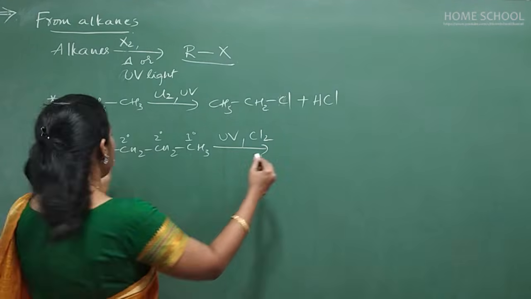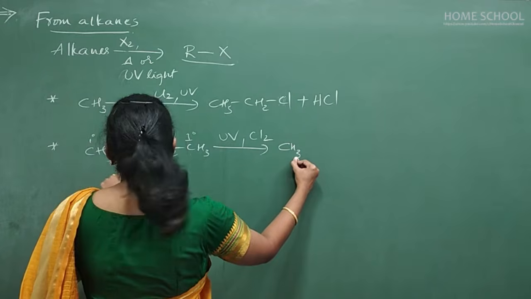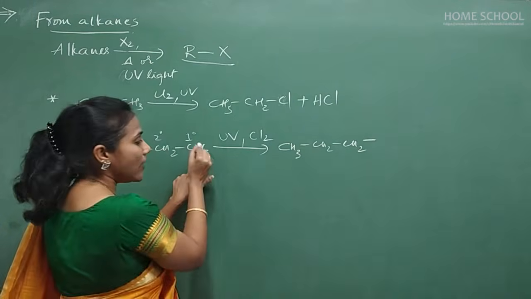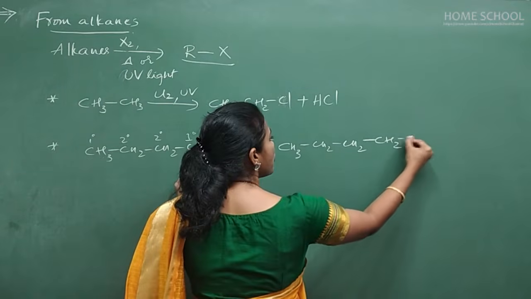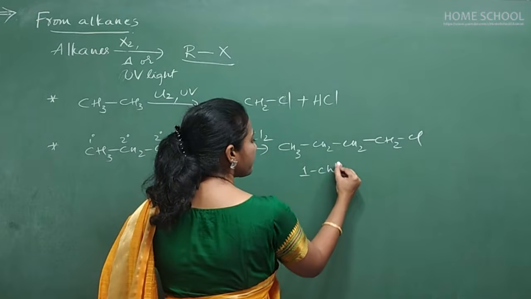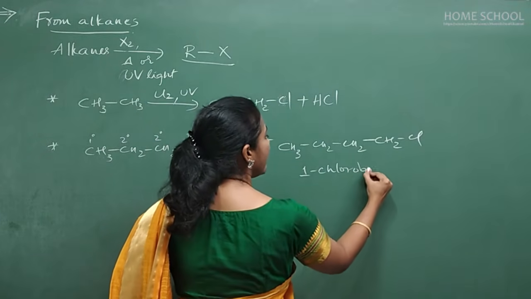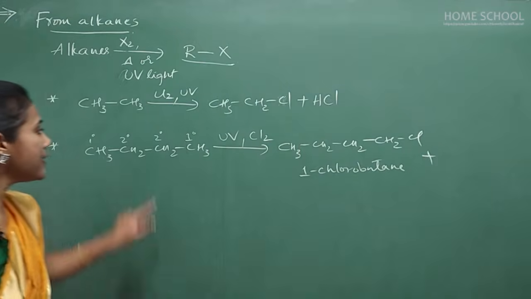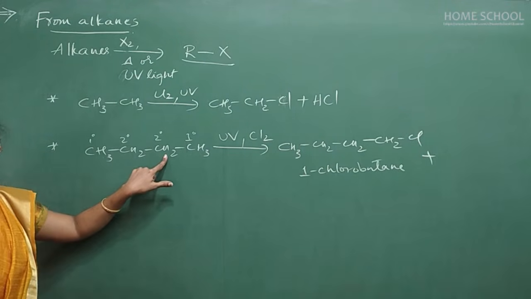Let me replace this. So I get my first product as CH3, CH2, CH2, I'm replacing one of the hydrogen with halogen, so CH2Cl. So this is what? 1-chlorobutane, right? So this is the first product I get. And the other product is I replace any of the secondary hydrogen with halogen.